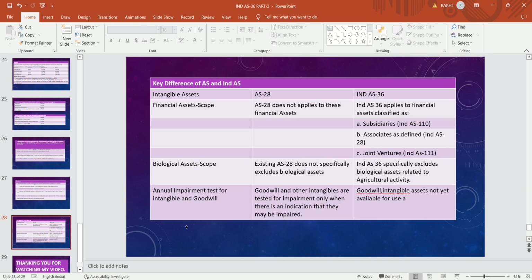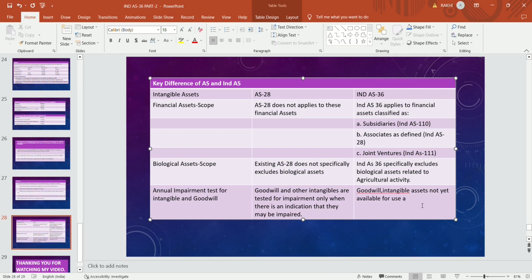Annual impairment test for intangibles and goodwill. Under AS 28, goodwill and other intangibles are tested for impairment only when there is an indication that they may be impaired. Under Ind AS 36, goodwill and intangible assets not yet available for use are to be tested annually even if there is no indication.